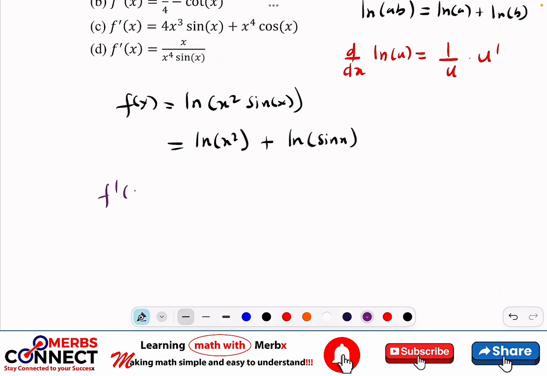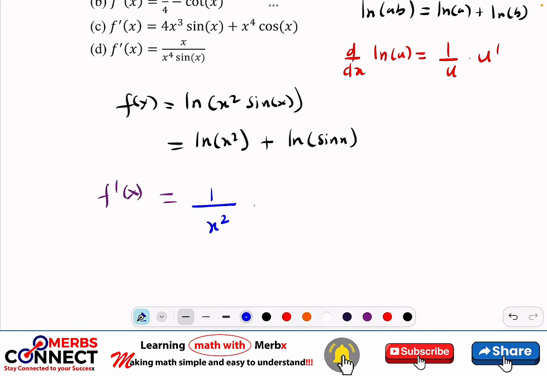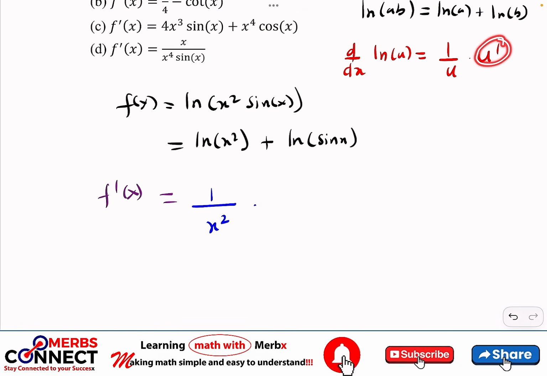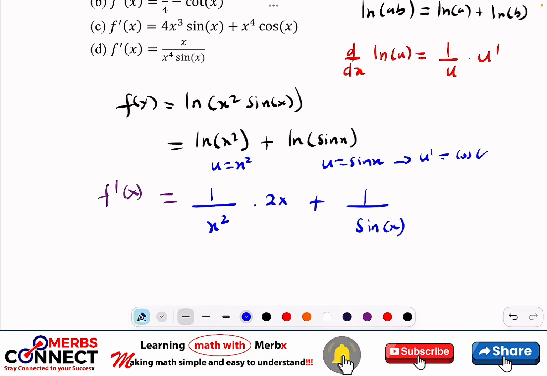Now, f prime of x will be equal to 1 divided by, so here when I compare, u is x squared, times u prime, which is 2x. Beautiful. Plus 1 divided by u, which is sine x. Now u prime here is cos of x. So times cos of x.